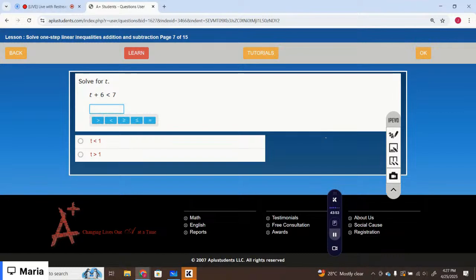T plus 6 is less than 7. Option number 1 is the correct option, that is T is less than 1.